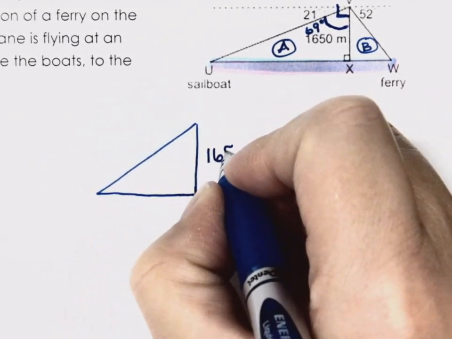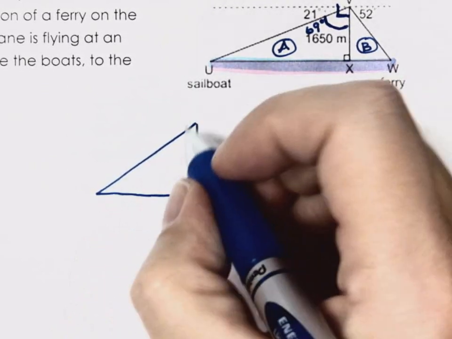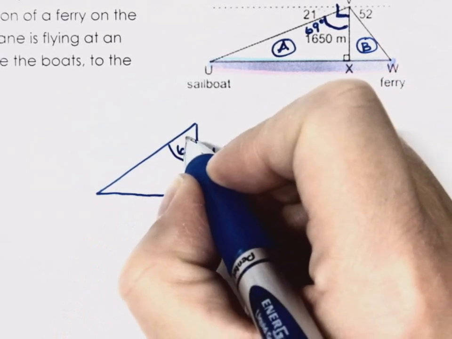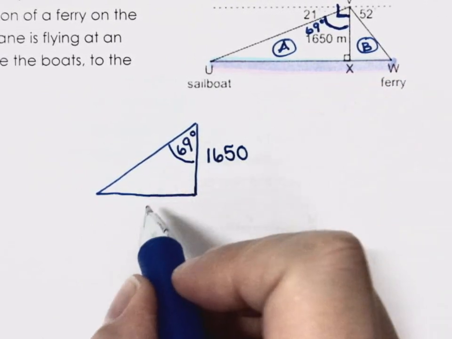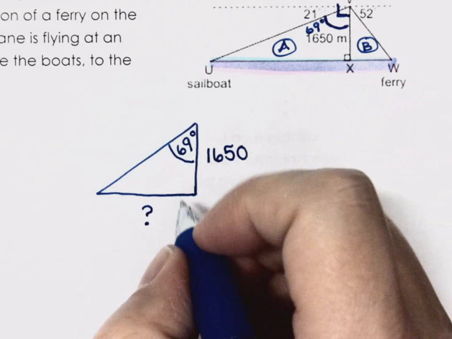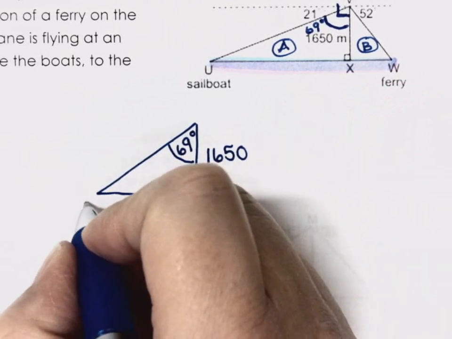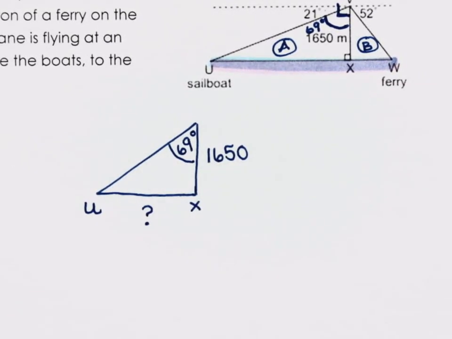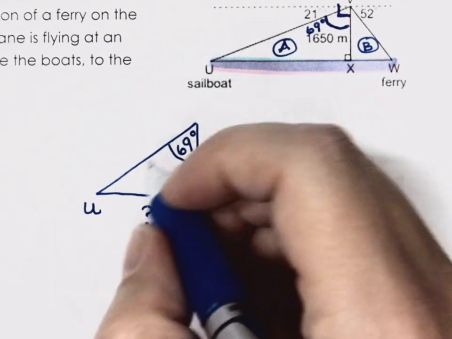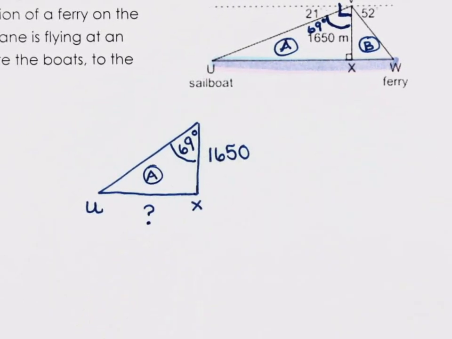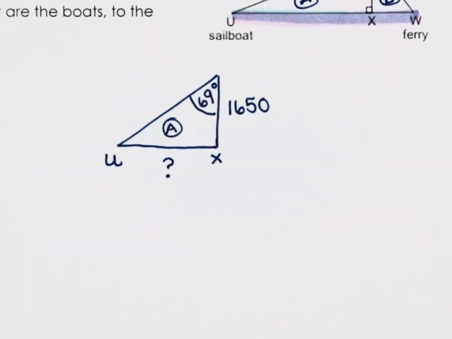we know the vertical height is 1650. We know this angle, we just calculated, is 69 degrees. And what I'm trying to find is the base here. So this is XV. Can we do that with the information that we have? Yes, we can. So we're going to label the sides that we know and that we want.